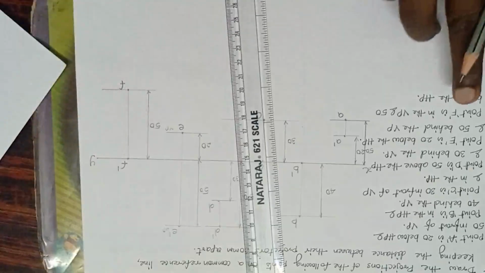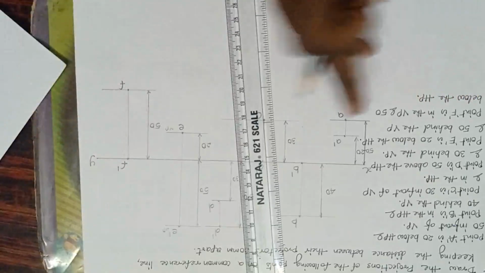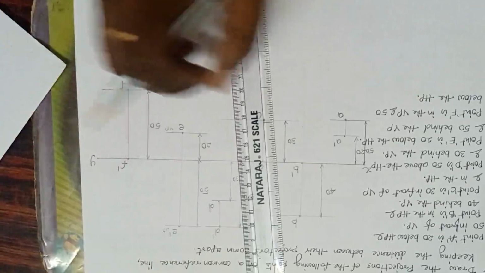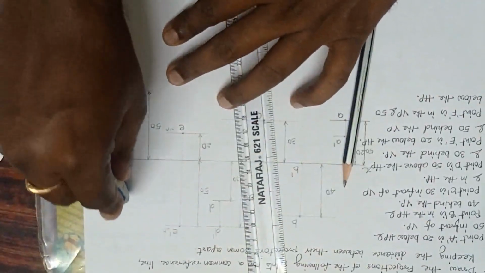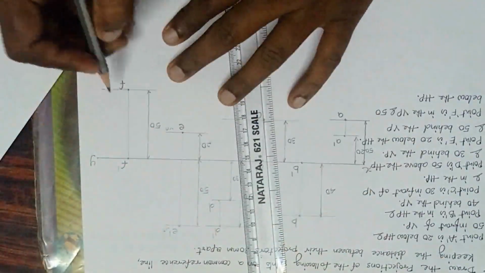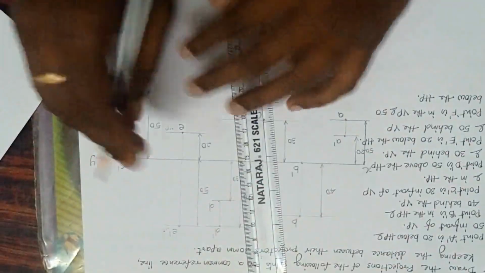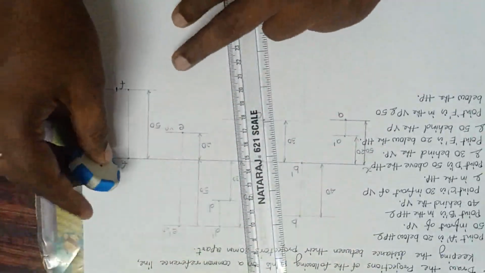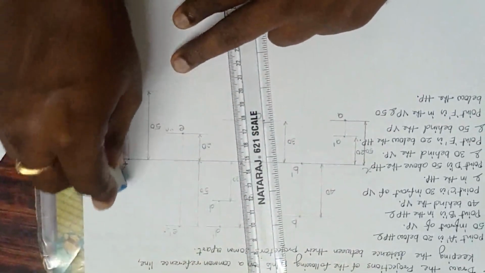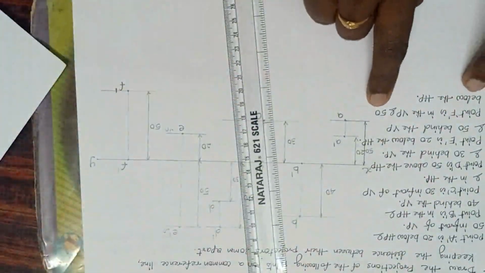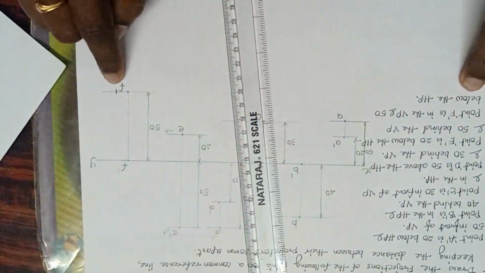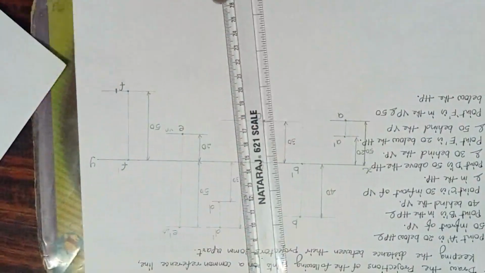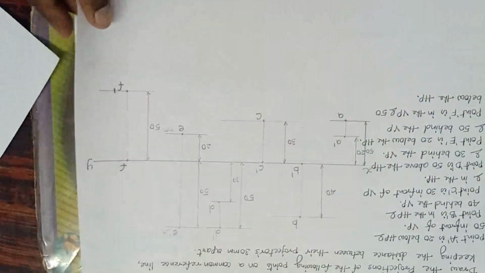F is in the VP means it is falling on the HP. Let me check, is this correct? This is dash. Distance from HP is falling on the VP. So I'll put the dash here. Okay, right. Let me go for the next question.